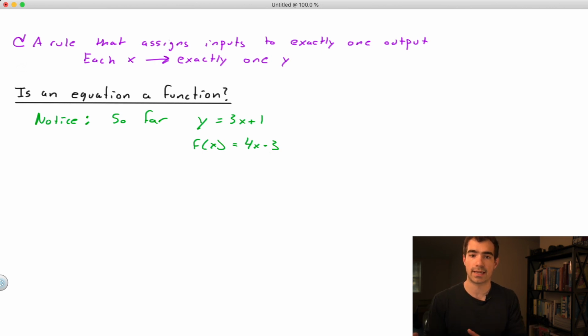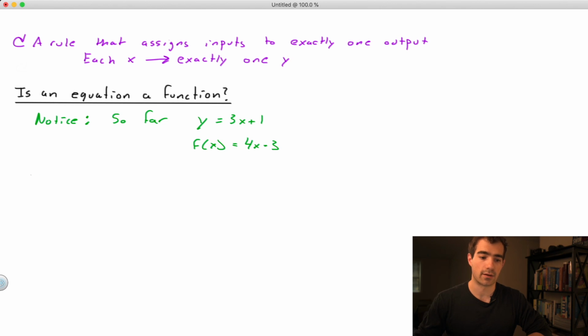And when that's the case, it's going to be really easy for us to determine, is there one output or could there potentially be more? And so in order to determine this, if we're given some arbitrary equation, our first step most of the time is just going to be, can we get y or f of x or whatever the output of our equation is isolated all by itself on one side of the equation and then look at the rule on the other side that defines it, right?